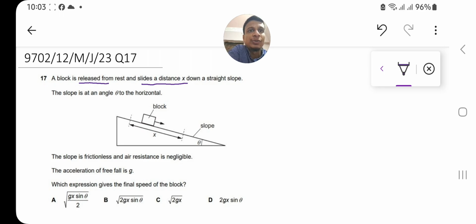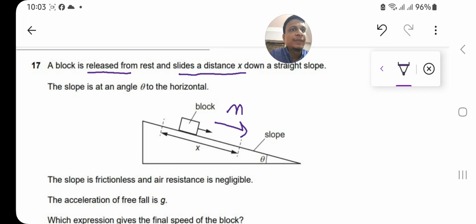You know that the motion is downward. It means here the weight component will be mg sine theta.